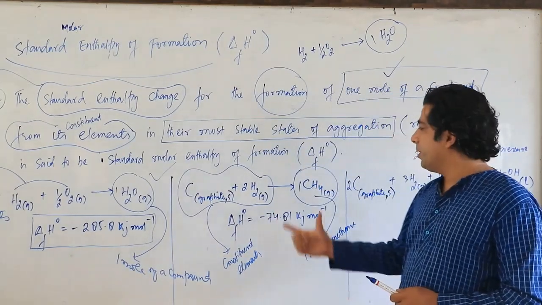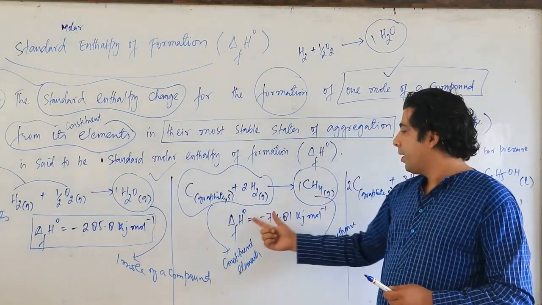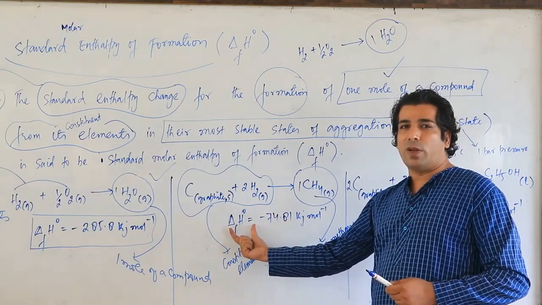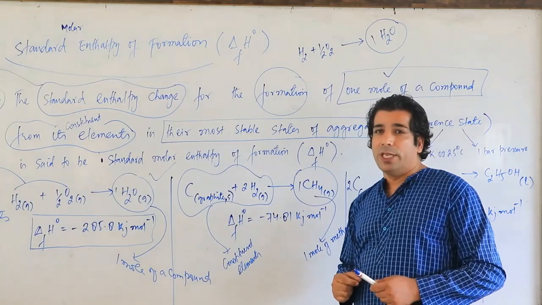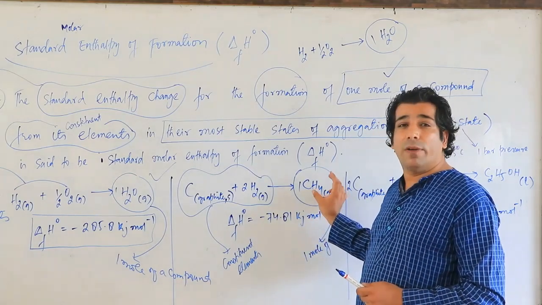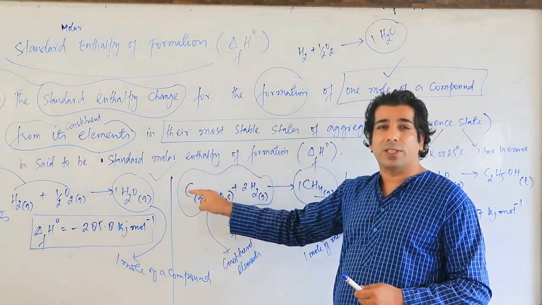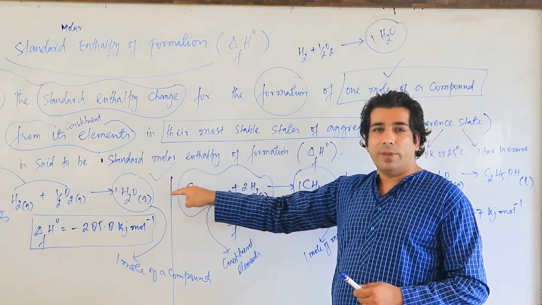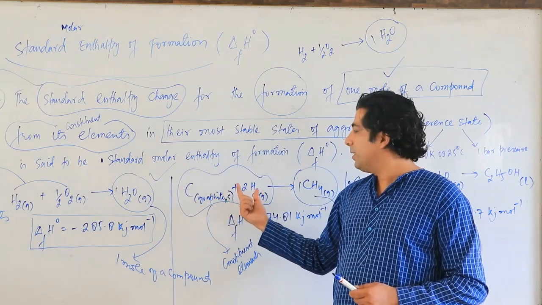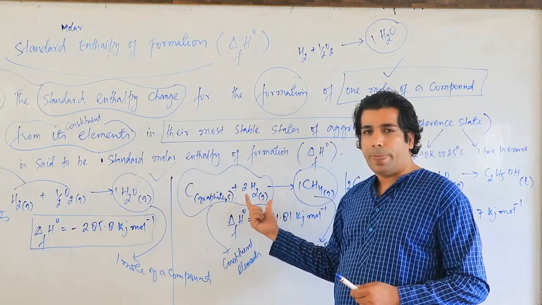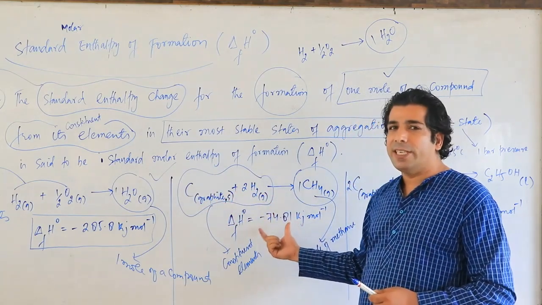The standard enthalpy of formation is minus 74.81 kilojoules. That means when 1 mole of methane is formed from carbon in the form of graphite plus hydrogen, this much energy is released.